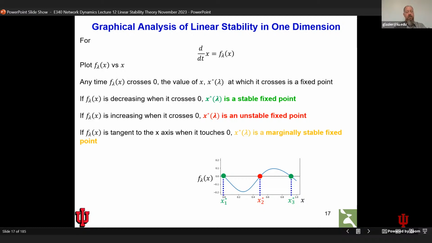In most situations, rates change continuously when I change parameters. But there certainly are situations where they don't. And if you deal with discontinuous rate functions, then the dynamics can be a little bit more complicated. Okay, any questions about that?